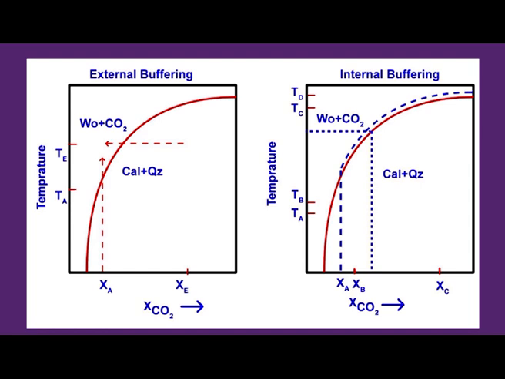From decarbonation, wollastonite will appear above TA, that is TB, and the reaction continues to grow until the fluid shifts to XB before there is a further rise in temperature.